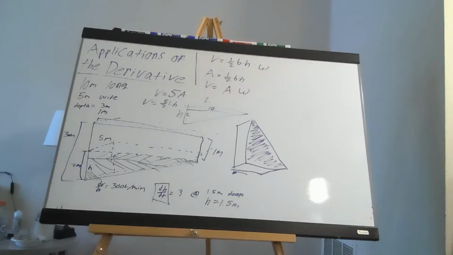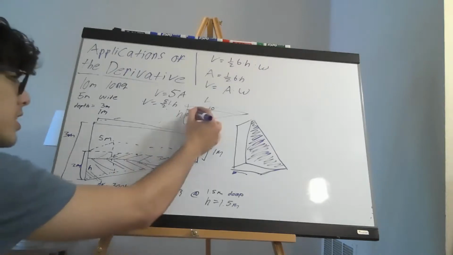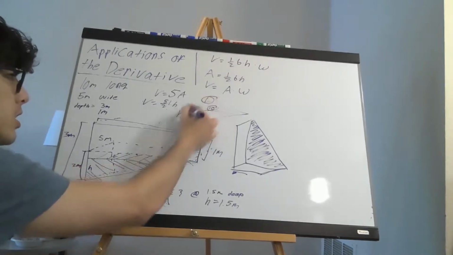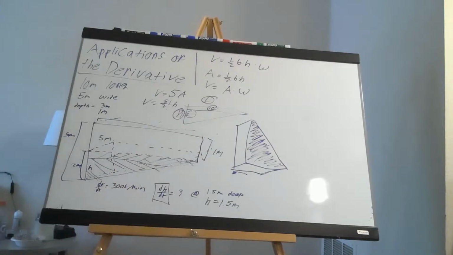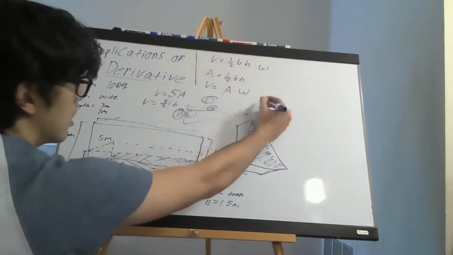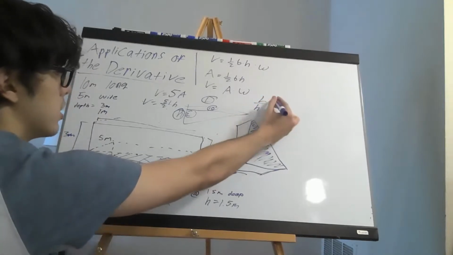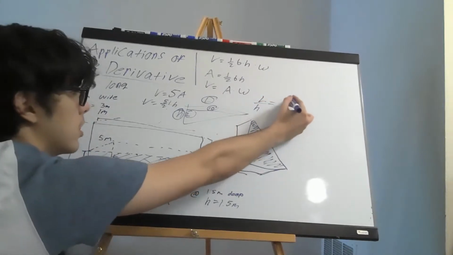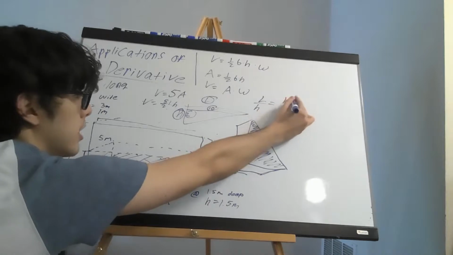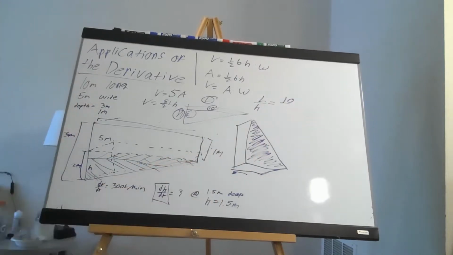So what this is, this is a geometry property actually, guys. It's called similar triangles. So it's saying that this and this and this and this should have a similar proportion. So you set it up as L over H is equal to 10 over 2.